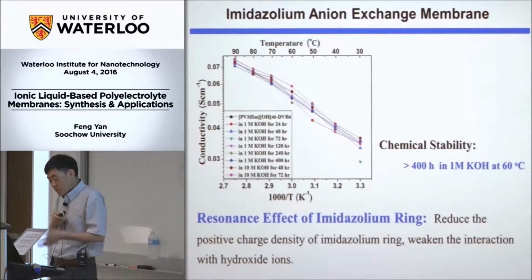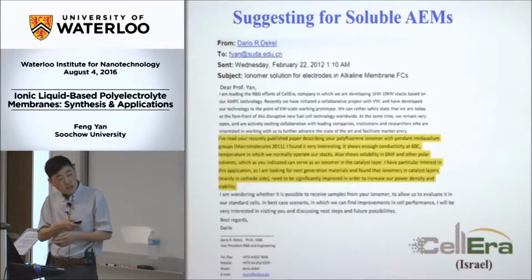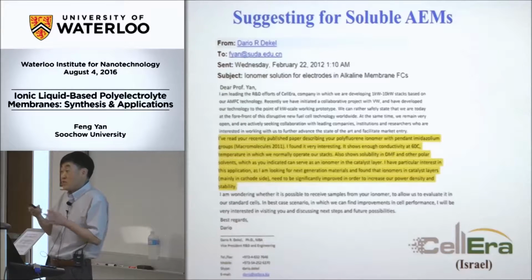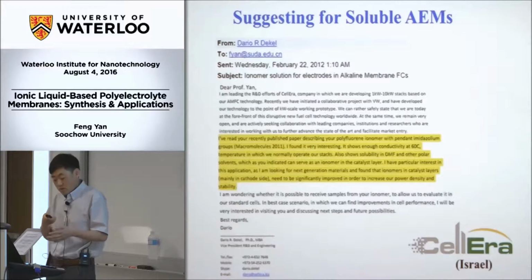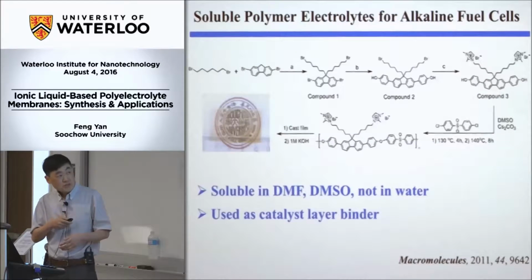After this paper was published, a company in this area sent me an email asking whether it is possible to synthesize some soluble polymers instead of cross-linked membranes. So we followed their suggestion, using fluorene as a backbone and attaching the cations as a side chain to synthesize these polymers.